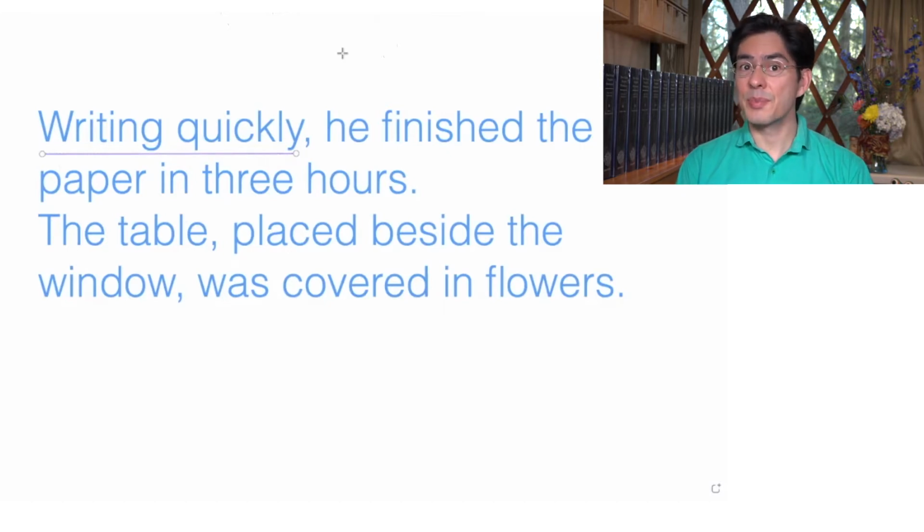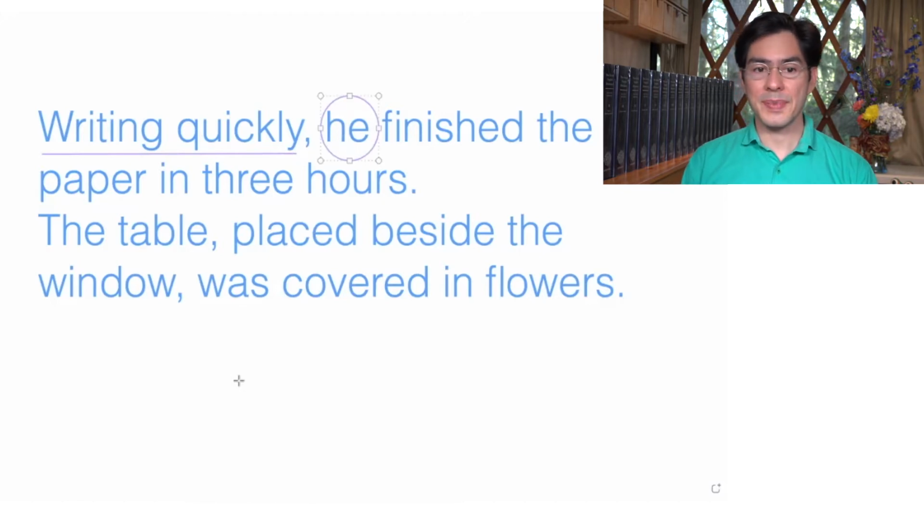It begins with the present participle of the verb write, writing, and it also has the adverb quickly, writing quickly. And that's a phrase because it's sort of on its own and needs to be attached to something. So in this case, the participle phrase writing quickly is describing what? It's describing the subject of the sentence, he. Writing quickly, he finished the paper in 3 hours.